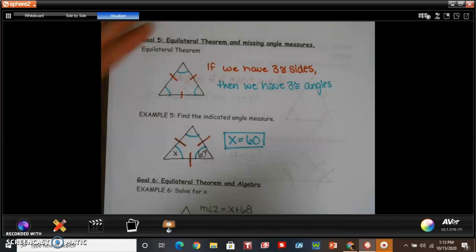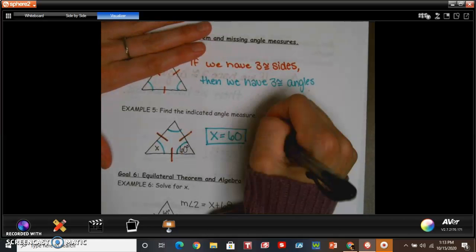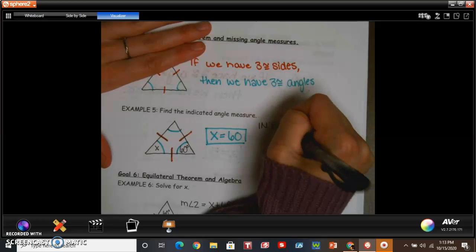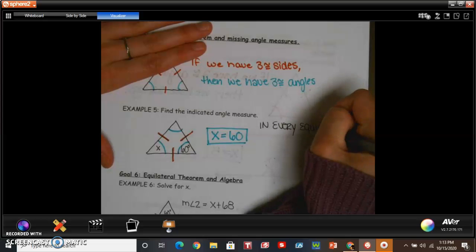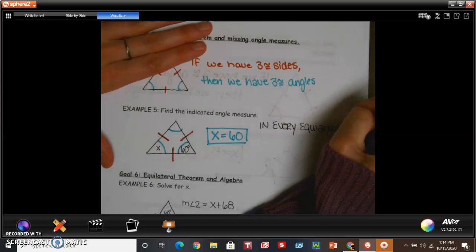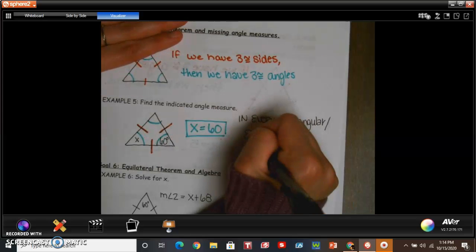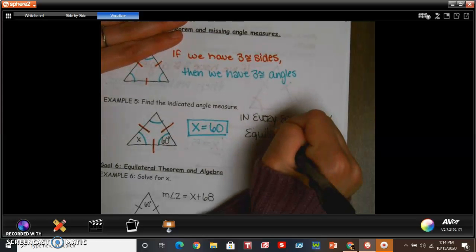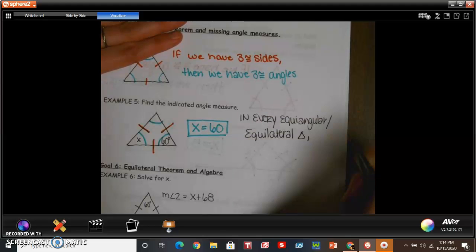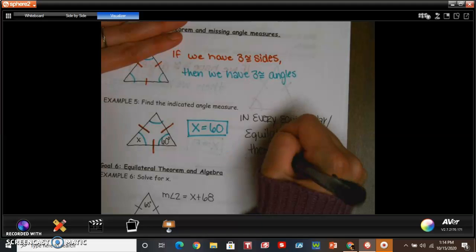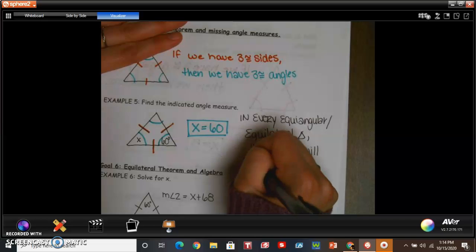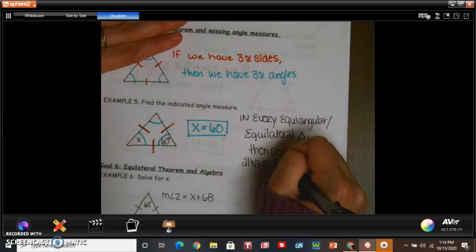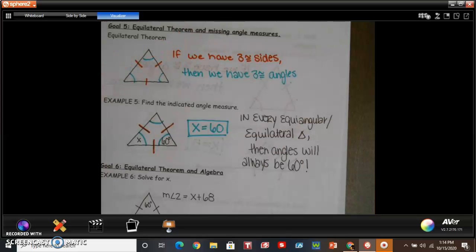And just to let you know, in every equiangular/equilateral triangle, the angles will always be 60 degrees. Forever and for always, there'll never be anything else. It will always be 60.